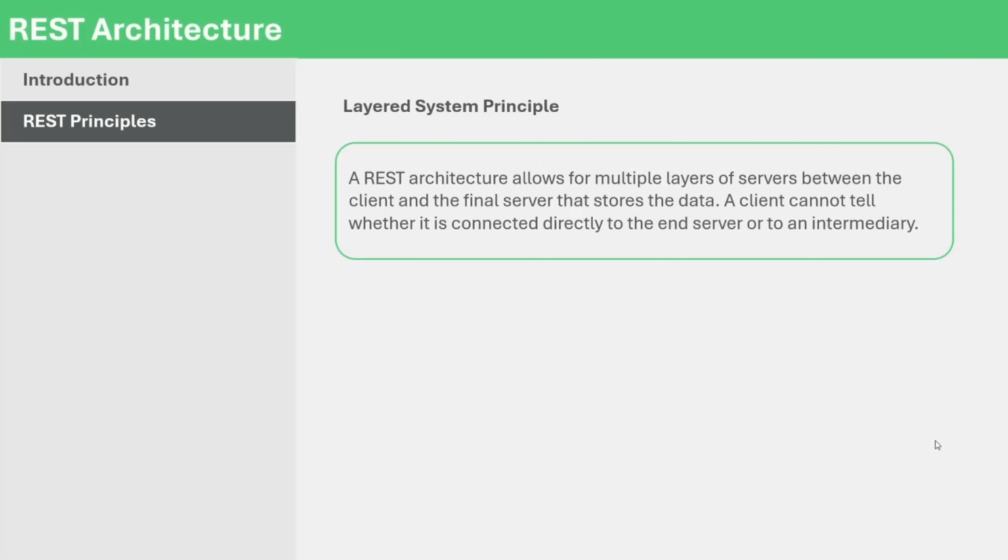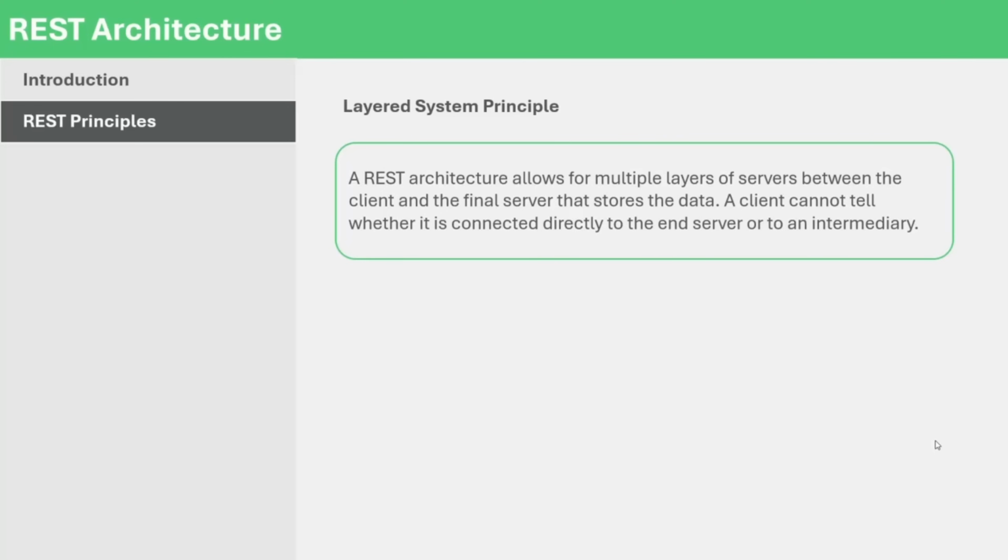Then we have the layered system principle. So a REST architecture allows for multiple layers of servers between the client and the final server that stores the data. And a client does not have any way to know whether it is directly connected to the end server or it is connected to an intermediary server.